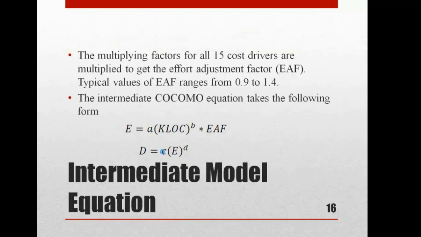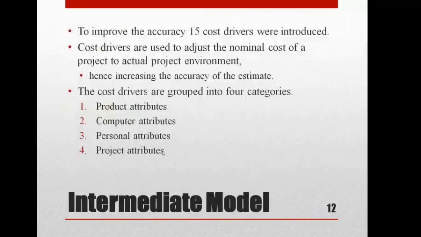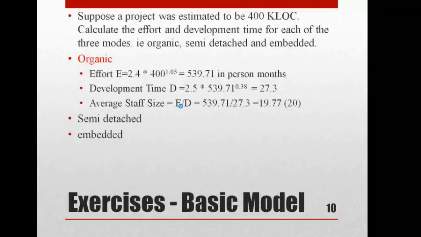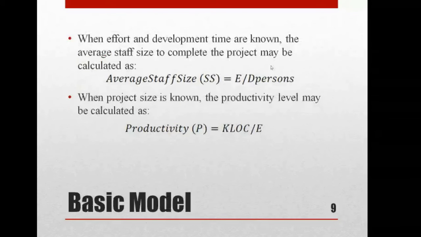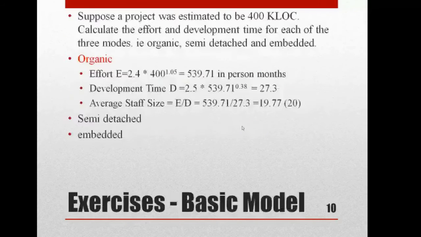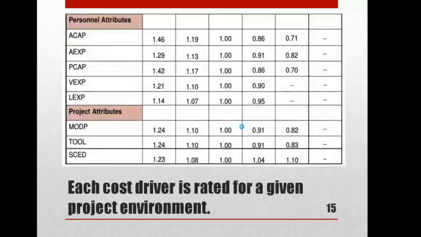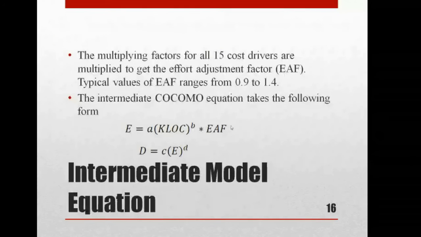And you may be asking, sir, what is the formula for average staff size? The same formula. Productivity, the same formula, right? So everything is the same. The only difference is your effort adjustment factor. You have to multiply the effort adjustment factor with the value of this, so you'll get the effort, okay?